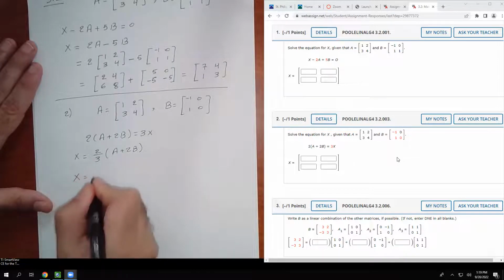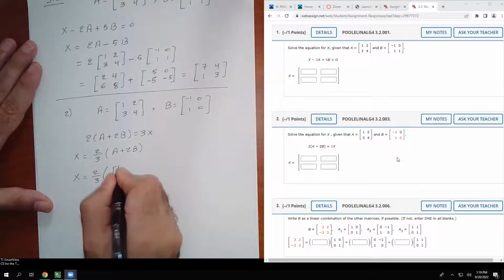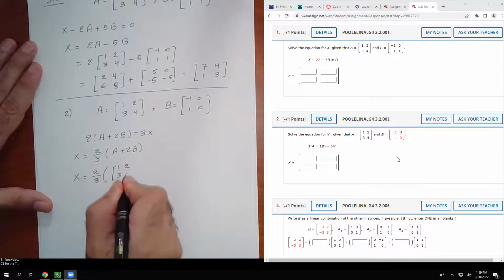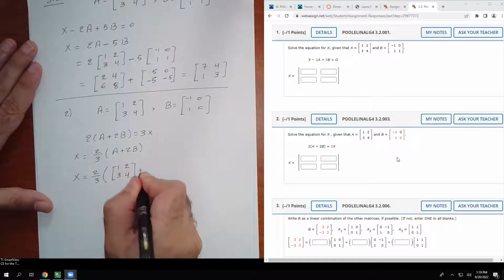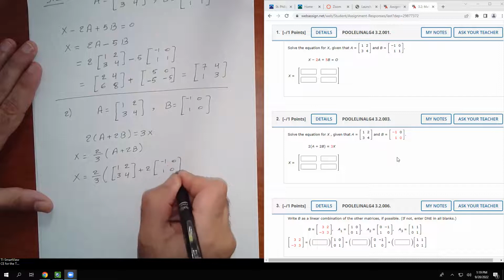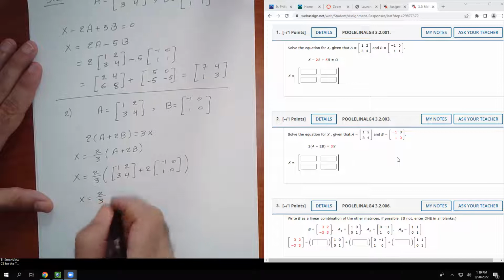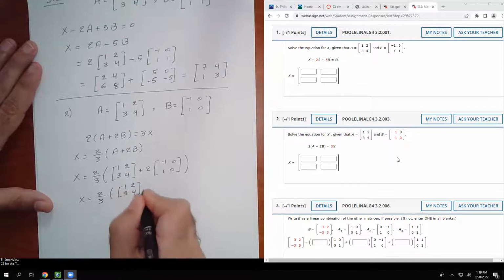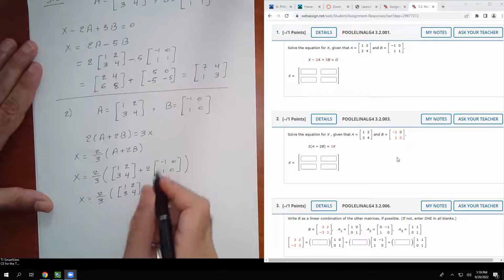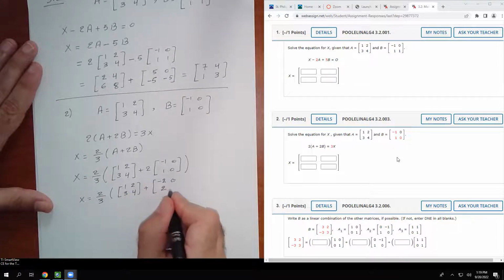So x equals 1, 2, 3, 4, plus 2 times B, which is -1, 0, 1, 0. So x equals 1, 2, 3, 4, plus 2 times -1 is -2, and here is 0. This is 2, and here is 0.